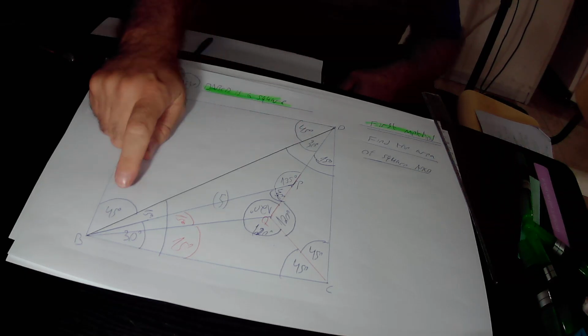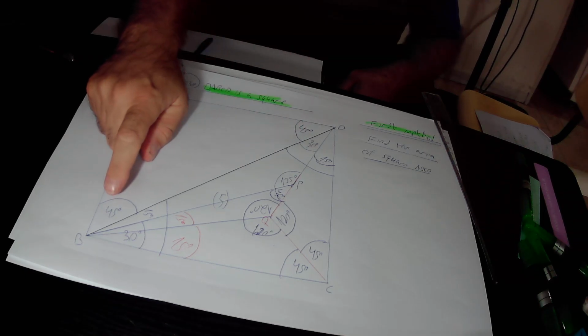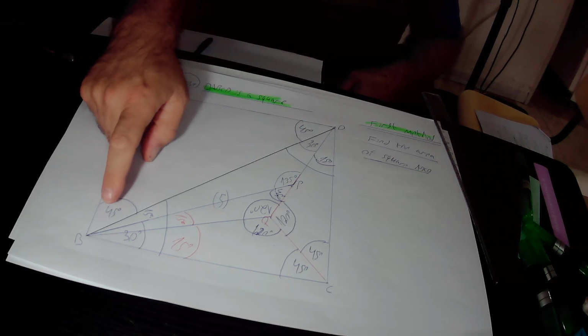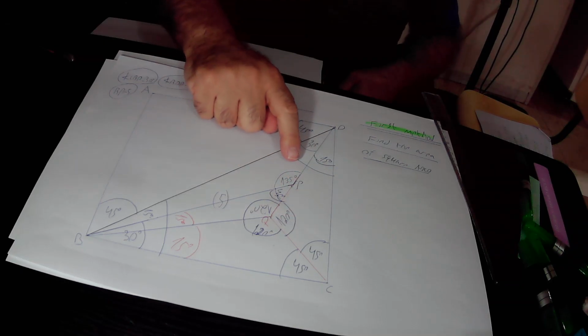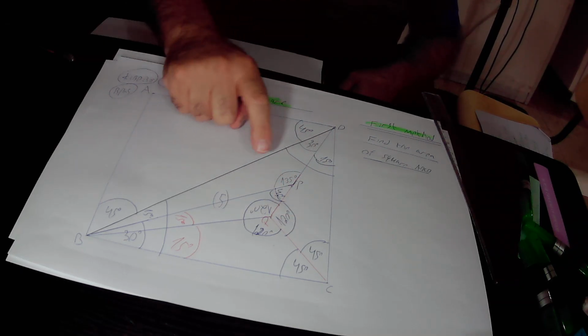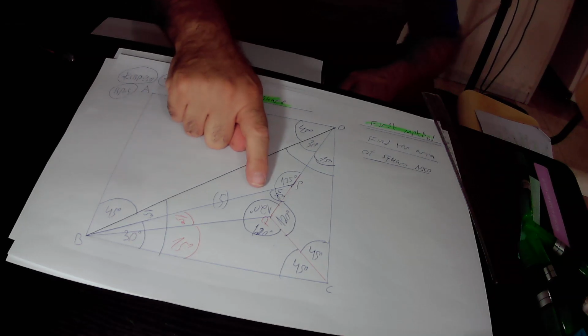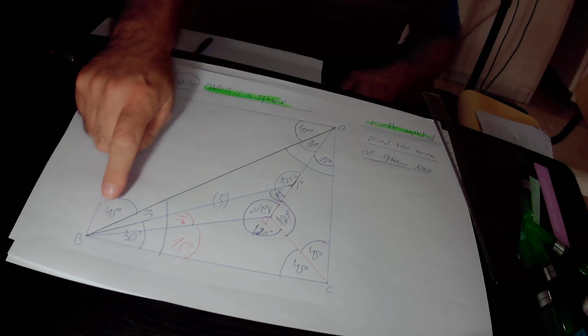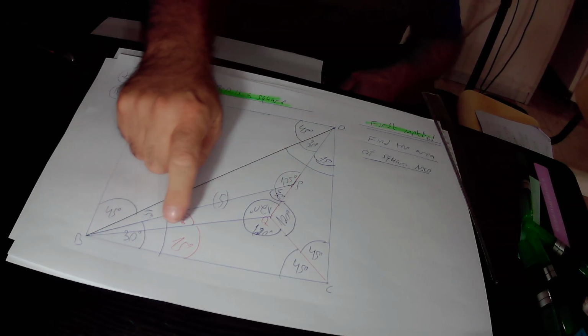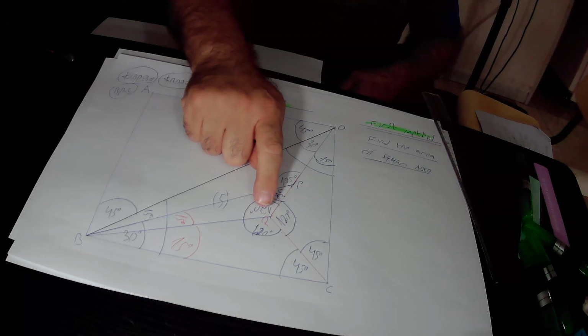Why is side PB the corresponding side of side BC? Because in triangle PQB, side PB is located in front of this angle that is 120 degrees in size. Likewise, in this triangle PQC, side BC is located in front of this angle that is also equal to 120 degrees in size.